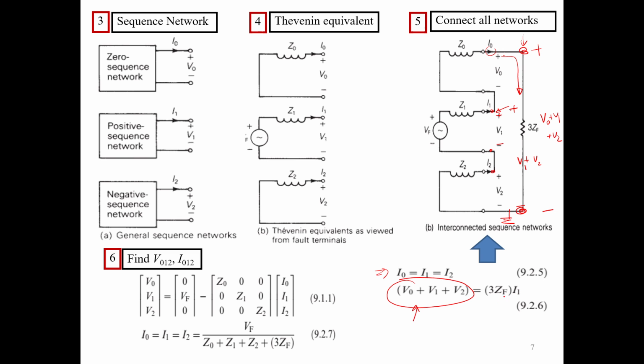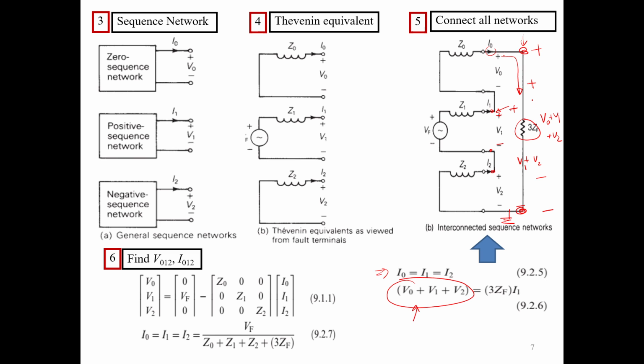And 3 times CF is connected as the load at this point, because when the current flows through this resistor, it would create the voltage drop, creating the polarity plus where the current is flowing in, and flowing out of this port.